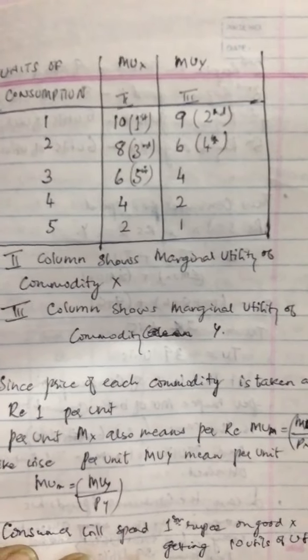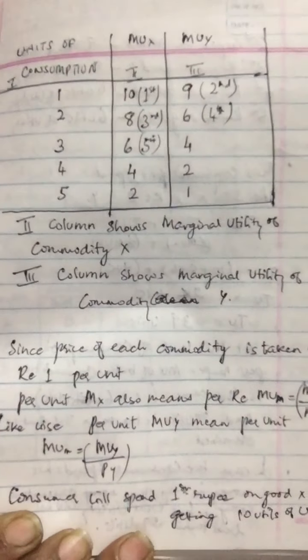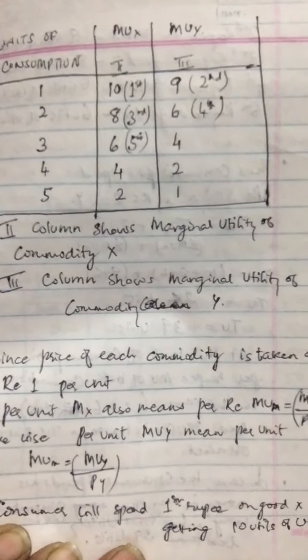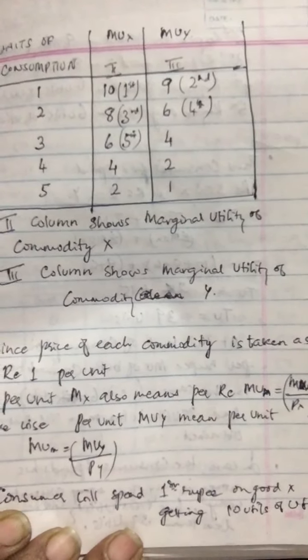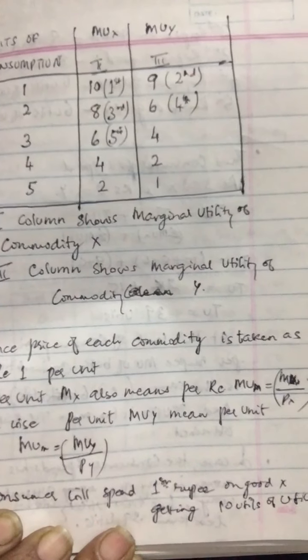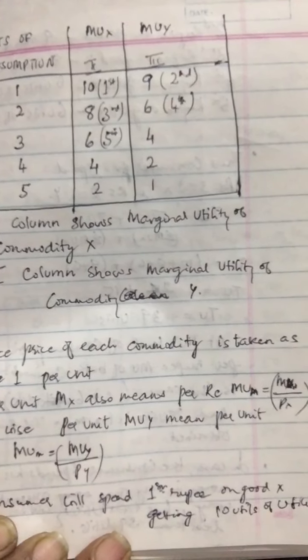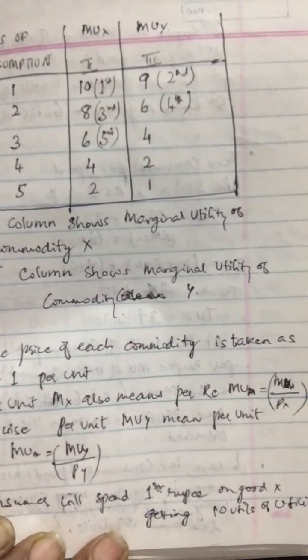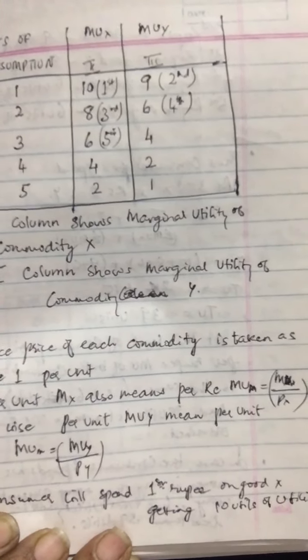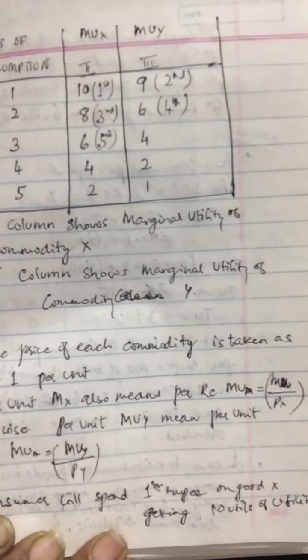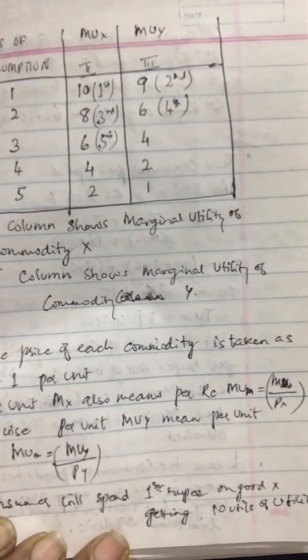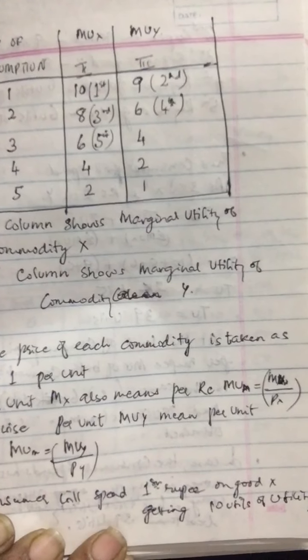Let's first mark the highest marginal utility he gets. When he consumes 1 unit of X, he gets 10. So let's mark it as 1. The next highest marginal utility is when he consumes the first unit of Y, he gets 9. So mark it as second.